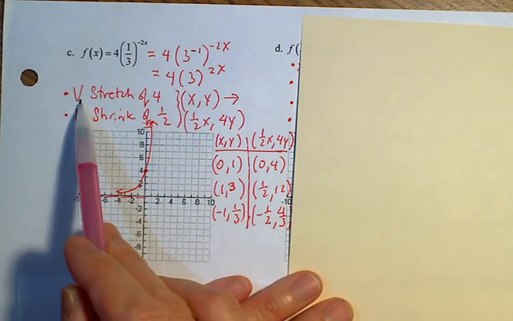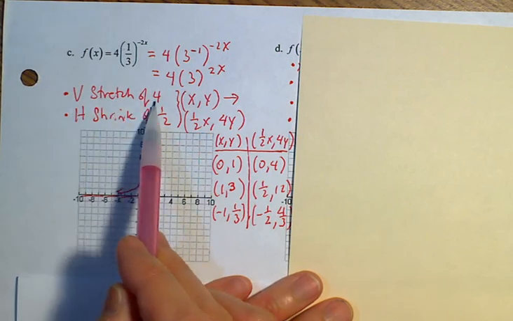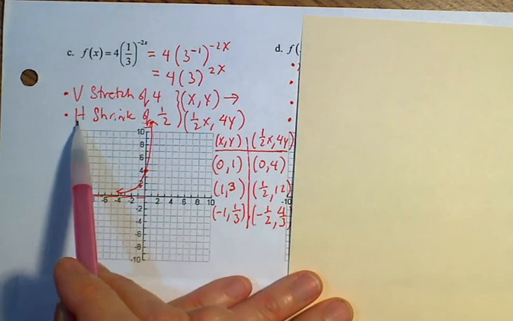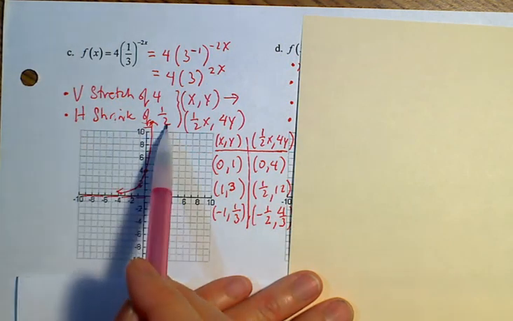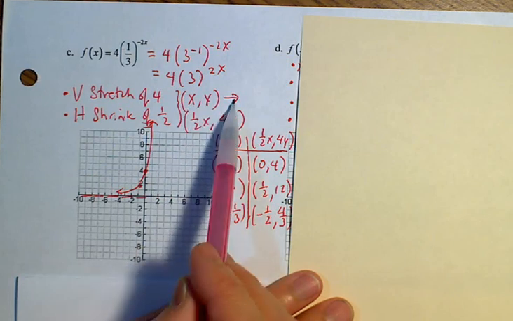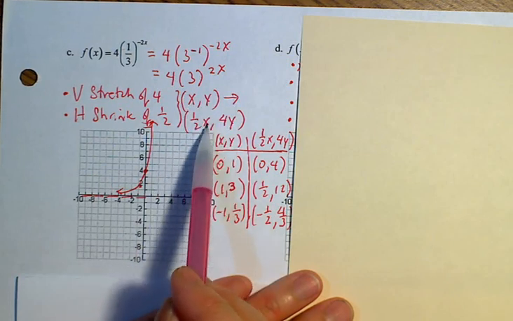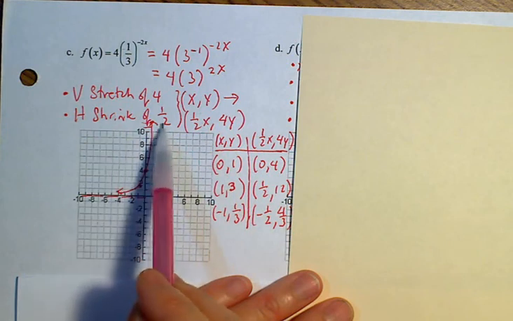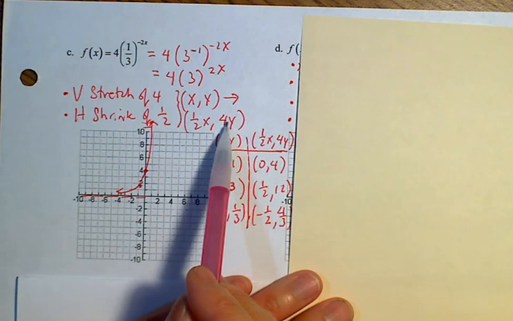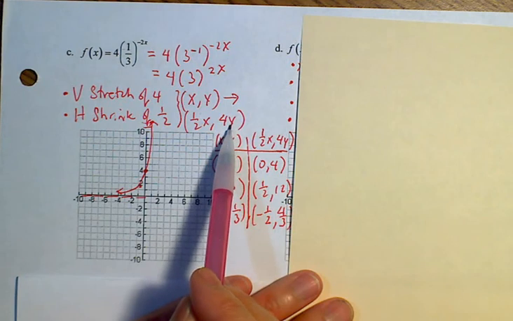So the 4 out in front gives it a vertical stretch of 4. The power makes it a horizontal shrink of a half. So my mapping is (x, y) goes to (1/2 x, 4y), because of the horizontal shrink of a half and the vertical stretch of 4.